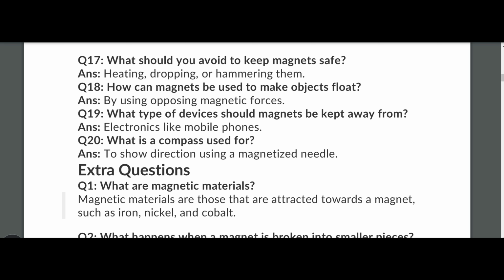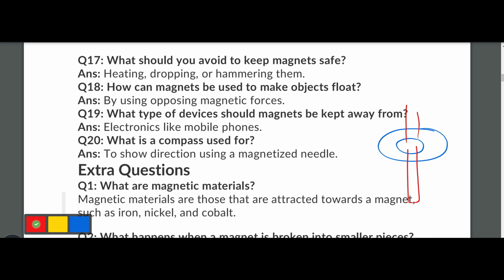Now you see in question number 18, how can magnets be used to make objects float? By using opposing magnetic forces. Okay. Suppose for example, here we have one north pole. Listen, everyone. So this is a ring magnet. Magnets are in different shapes, right? Okay. So when you insert the pole like this, you place another magnet with another direction.